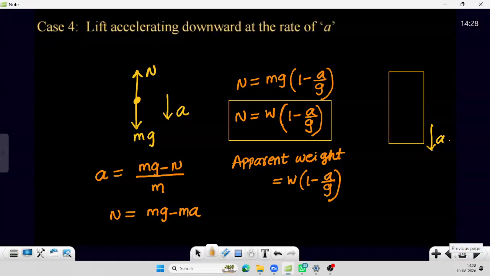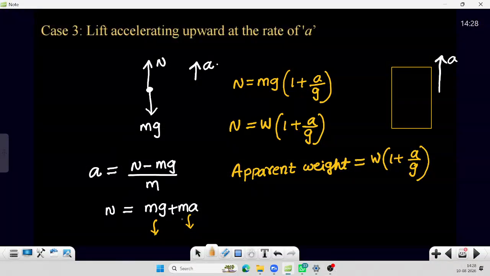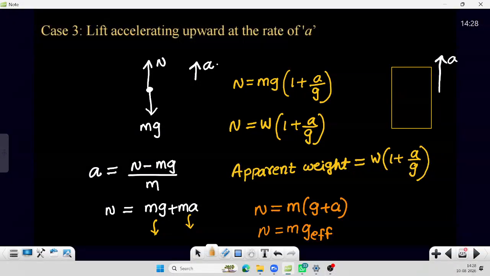And in general, look at this and this equation. I will modify this a little: this is m into (g plus a). Now this I can treat as m into g effective. This is the effective g.